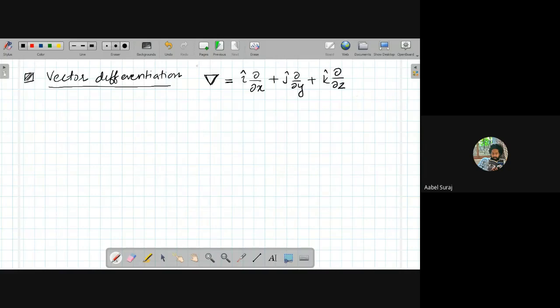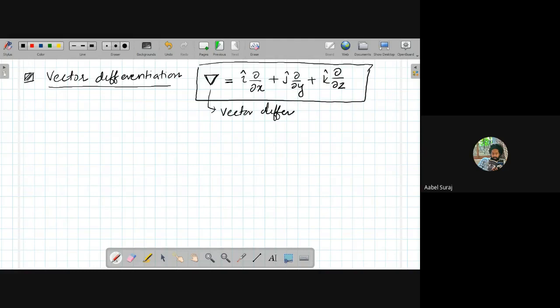So this is the vector notation of a differential operator, called the vector differential operator, or del operator.